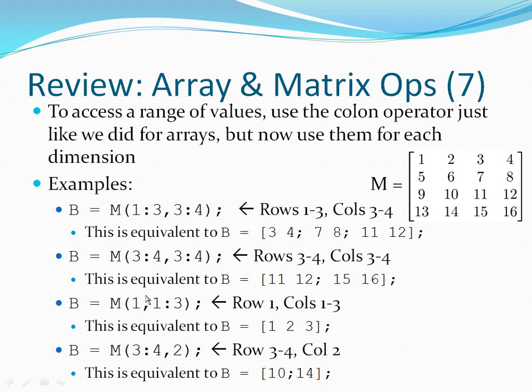Right? And this is what you get. So columns 1 to 3. So you get a 3 element vector that's stored into b. If I wanted to grab the third and fourth rows and just the second column, right? This is what you get, 10 and 14. So you use the colon operator in each dimension to access the group of values that you want.